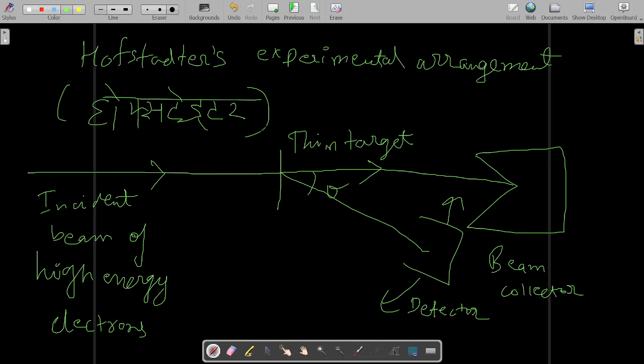So this is the Hofstadter experimental arrangement of electron scattering. If you want more clarity on this topic, you can have a look at the books, but there is no need, because in the examination this part is asked very superficially.